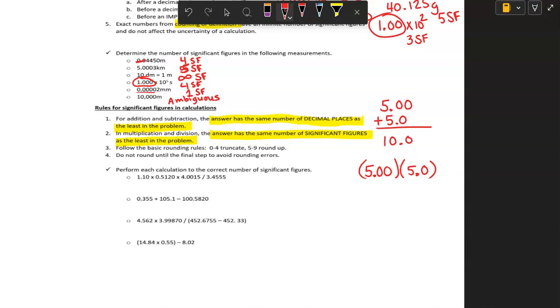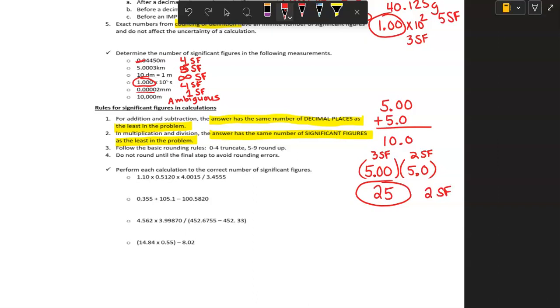Well, 5 times 5 is 25. That math is easy. But to check our significant figures, 5.00 has 3 significant figures. 5.0 only has 2. So we would report our answer as 25 with no 0.0 or anything, so that it has 2 significant figures.